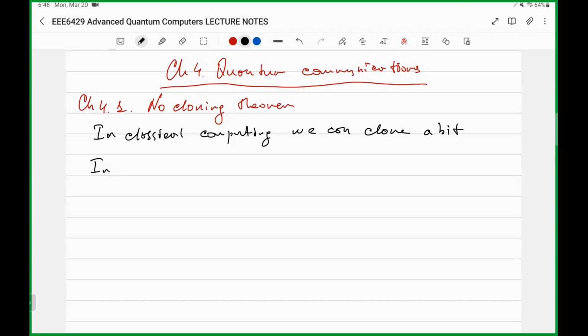In contrast, in quantum, we cannot clone a qubit.